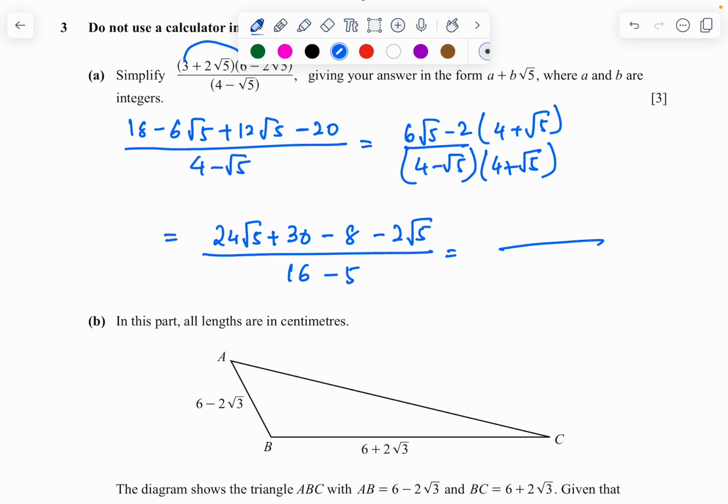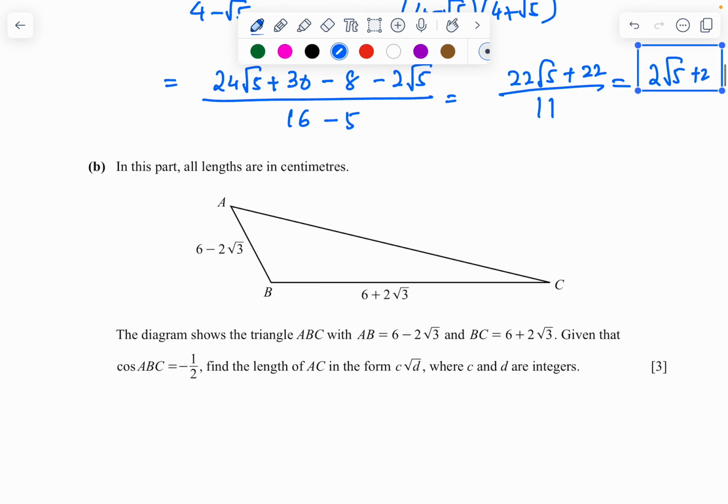So this gives me 22 square root of 5 plus 22 over 11. So simplify this, you will get the answer as 2 square root of 5 plus 2. So this is our final answer.